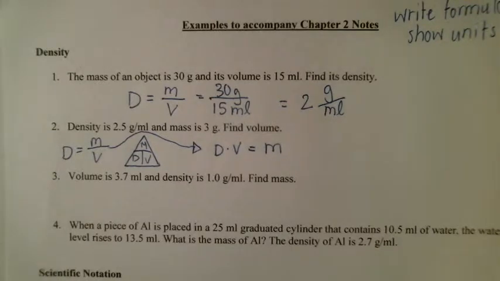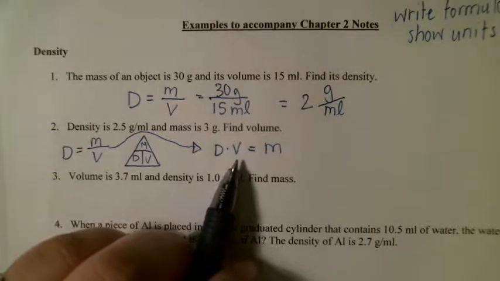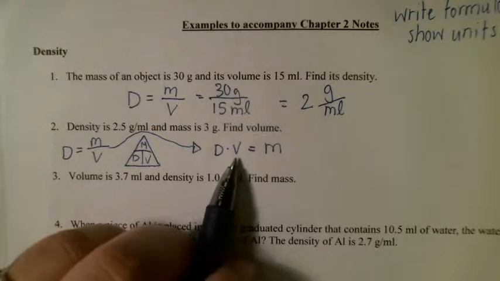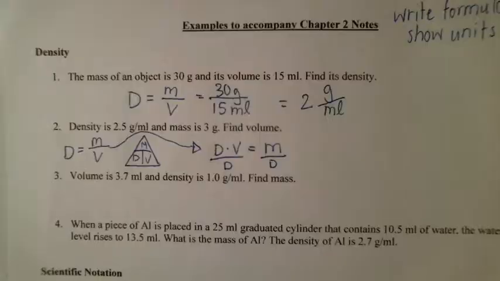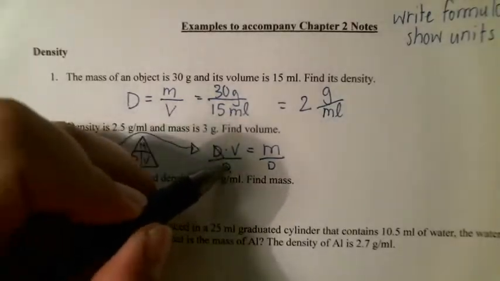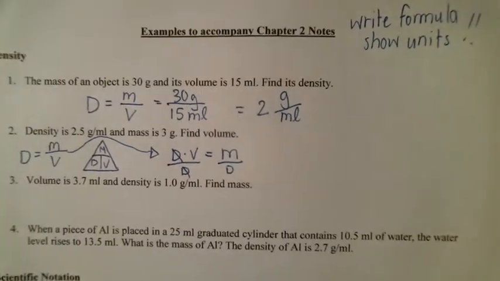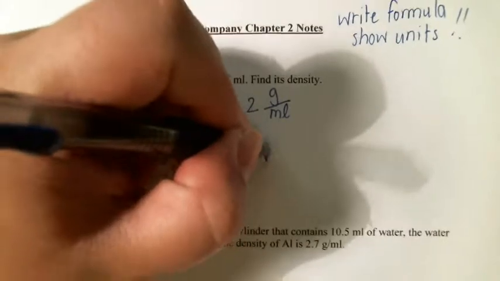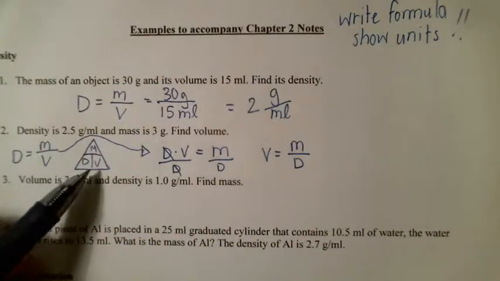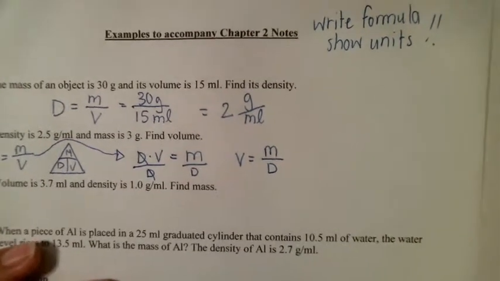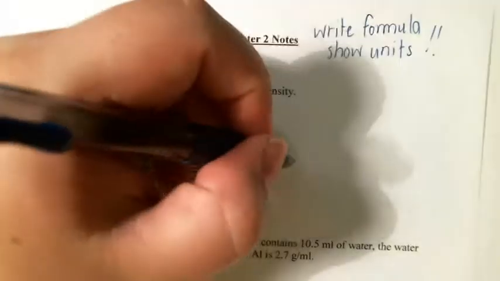Okay. Now we have volume in the numerator, or up top, which is where we want it. But now we need to isolate it and get it by itself. So we need to divide both sides by density. Okay. Density cancels on the left, and you're left with volume equals mass over density, which is exactly what the triangle showed us earlier.